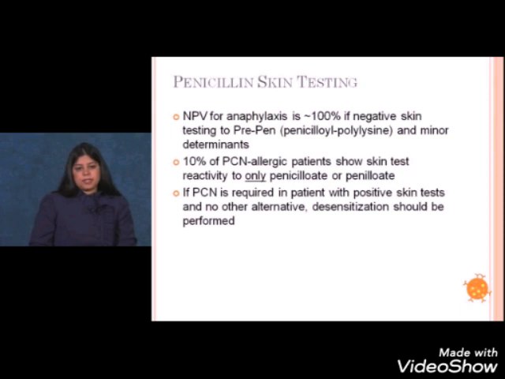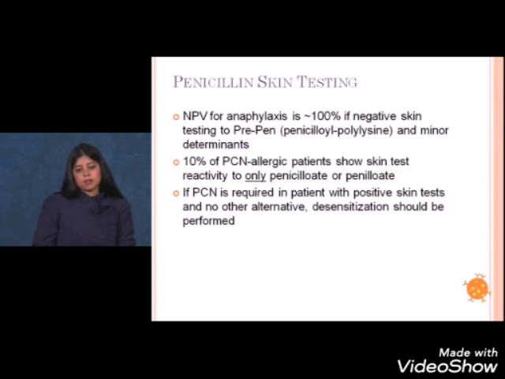Now, the negative predictive value for penicillin skin testing is approximately 100%, so that if it is negative, we are fairly certain that it's negative. And that's skin testing to pre-pen and the minor determinants. But as I said to you, we don't have 2 of the minor determinants as commercially prepared extracts. And so there is a 10% chance that you may be missing the penicillin allergy in these patients because they're only reacting to the penicilloate or penilloate.